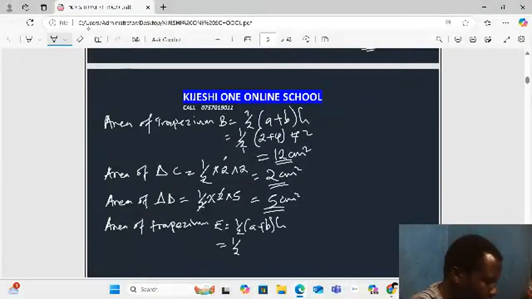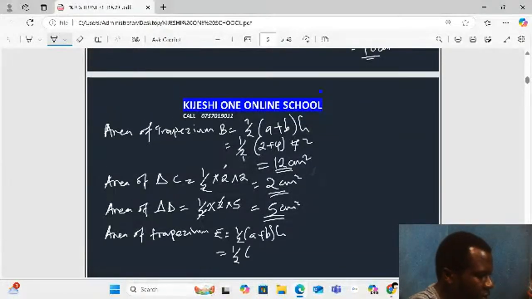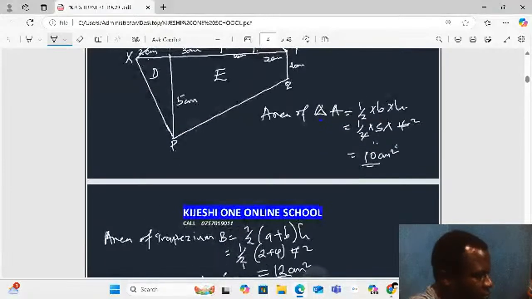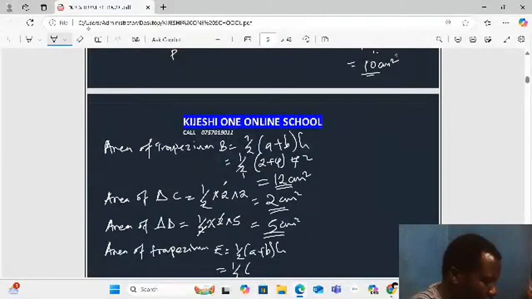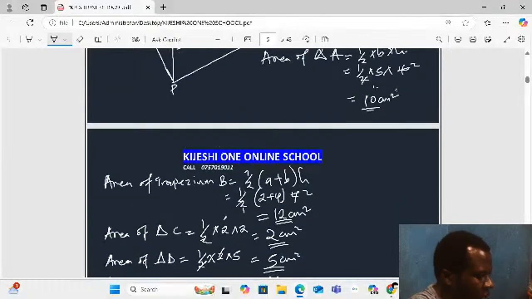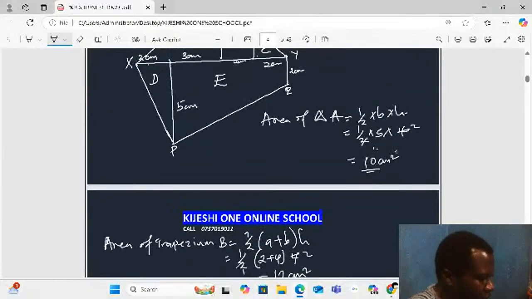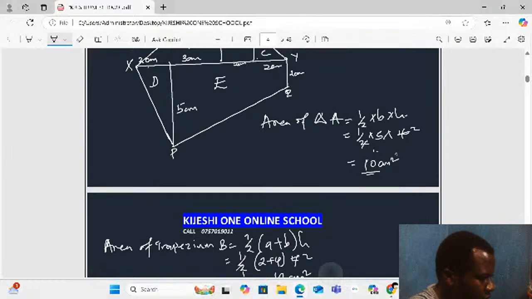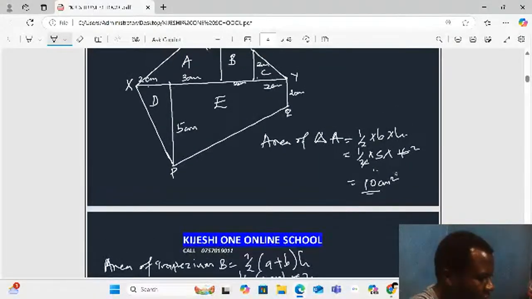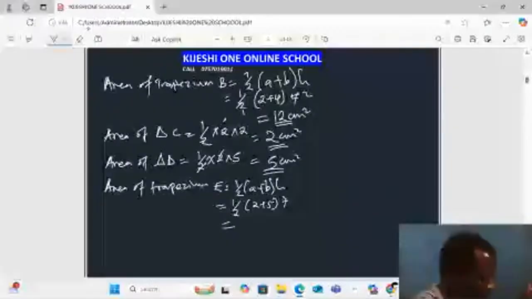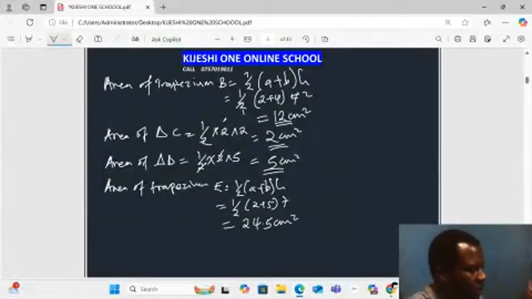We shall have a half into A is 2, B is 5, 2 plus 5, then the height now. The height is 3 plus 2. So we have 4.5 square centimeters for trapezium E.